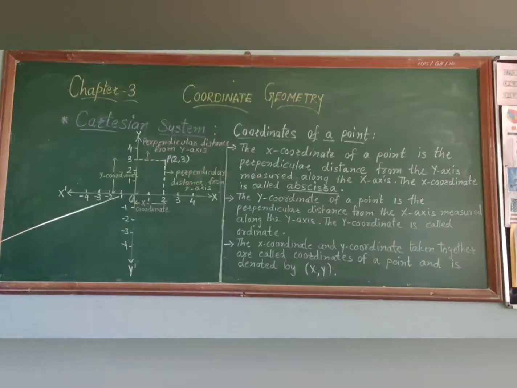So for y, we take the perpendicular distance on the x-axis and measure it along the y-axis, and vice versa for x. For the x coordinate, we take the perpendicular distance on the y-axis. Here we get 3 units on the y coordinate. So the point P is located at P(2, 3). That is, the value of the x coordinate is 2 and the value of the y coordinate is 3.